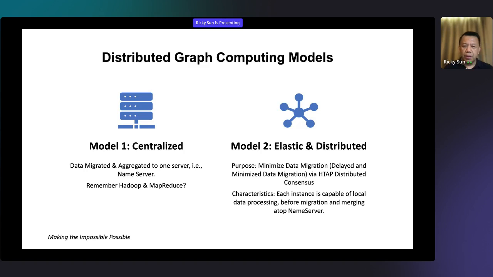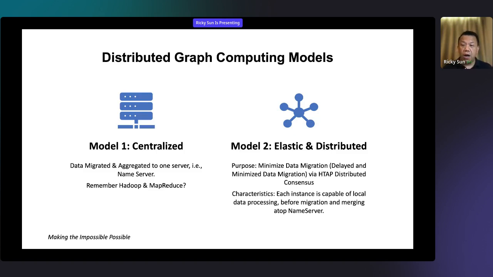The other model, I would call elastic and distributed. The purpose here is to minimize the data migration, or at least delay the data migration as much as possible.